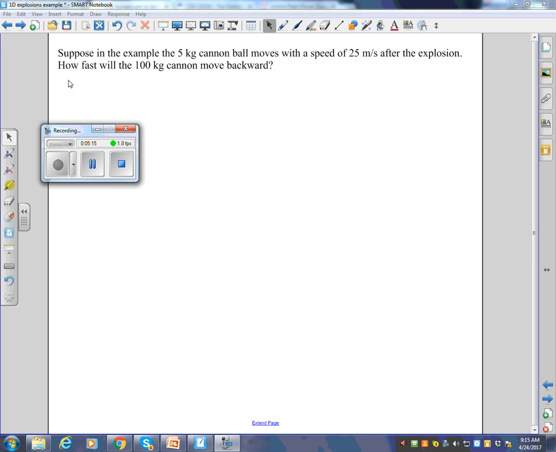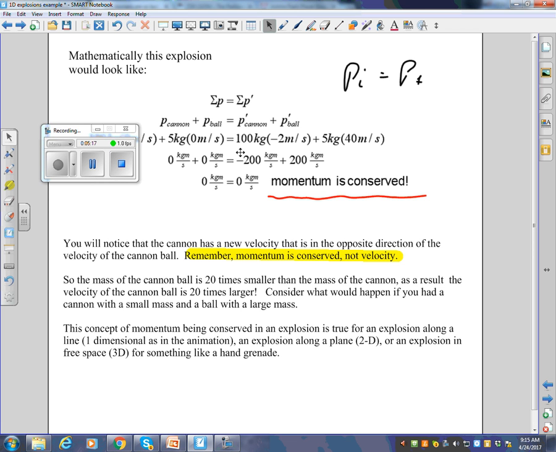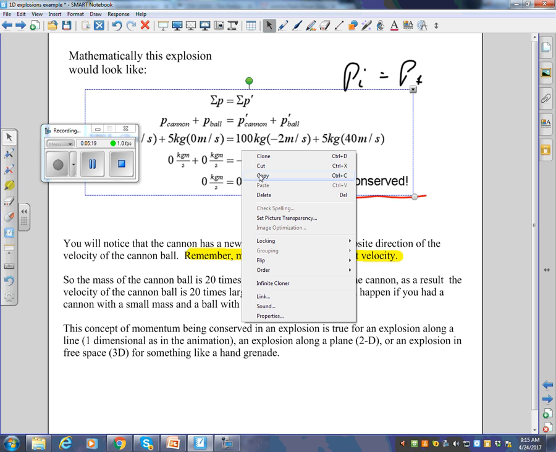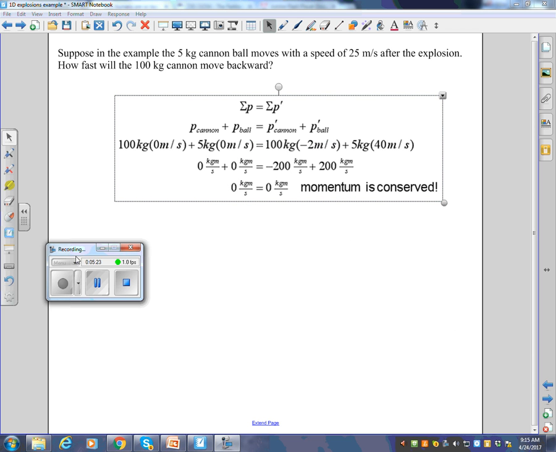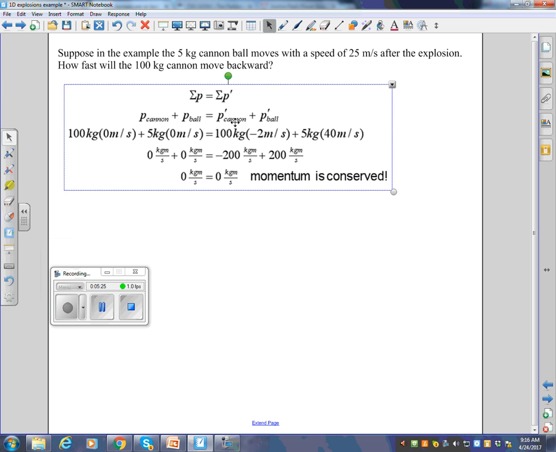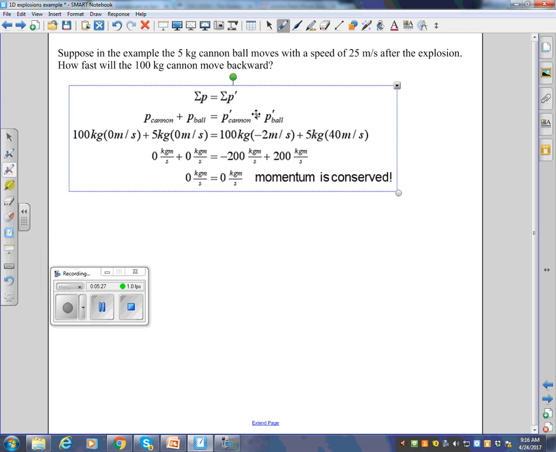In fact, do you guys have this math right here? So really, all it's going to be is exactly that again, but instead of the cannonball moving at a speed of 40, this 40 here is going to be a 25, right? Or do you want me to write it all out?